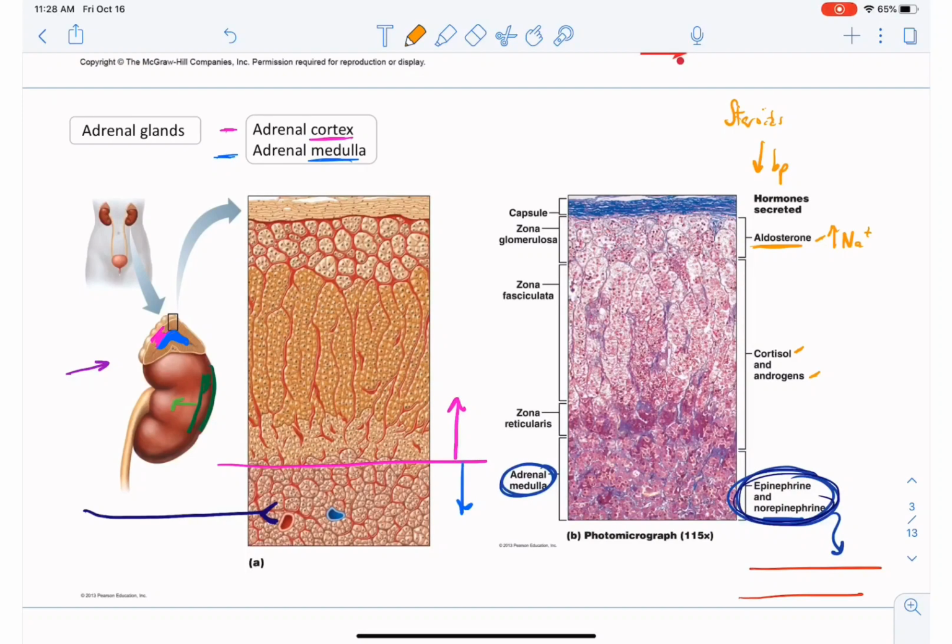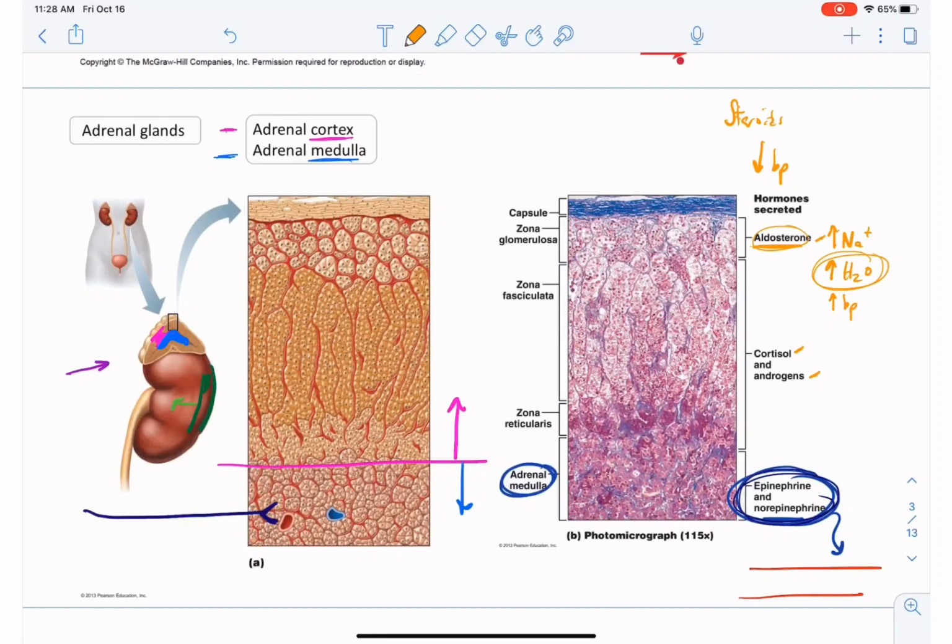And wherever sodium goes, water goes with it. So aldosterone is ultimately increasing the amount of water that goes into the blood. And when you increase the amount of water in the blood, you increase blood pressure. And we'll talk more about that when we get to the urinary system.